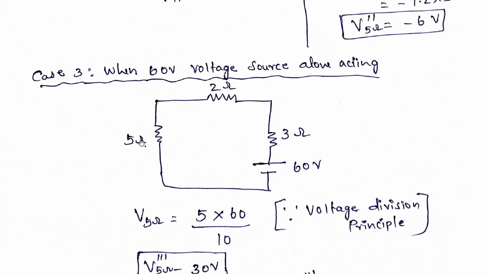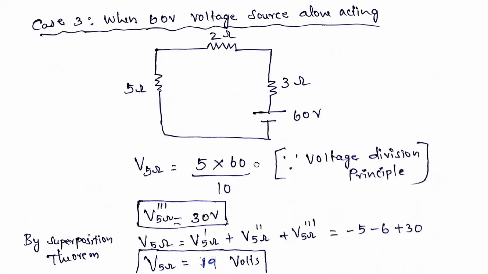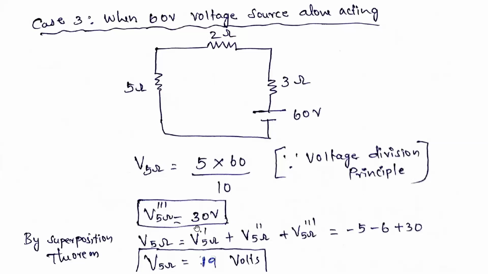Total resistance is 5 plus 2 plus 3. 5 plus 2 is 7, 7 plus 3 is 10. That into the voltage source which is acting, 60. That is the voltage division principle. If you simplify, we'll get the answer as 30 volts. That we are taking as V triple dash.